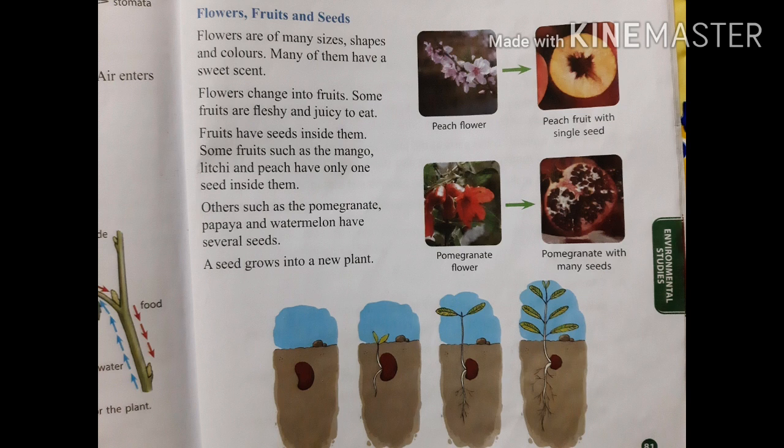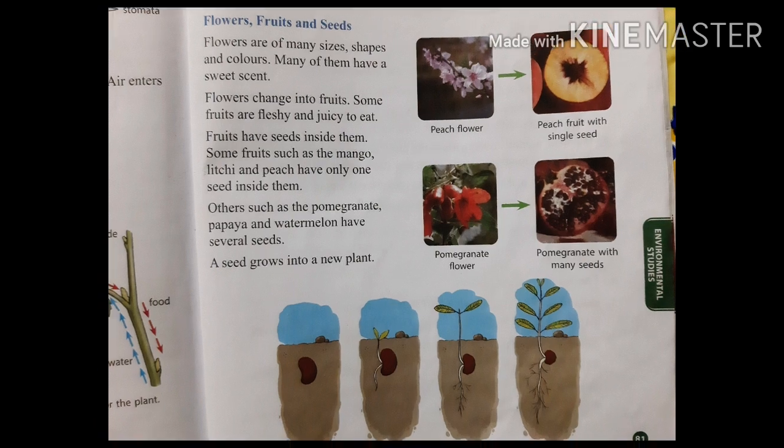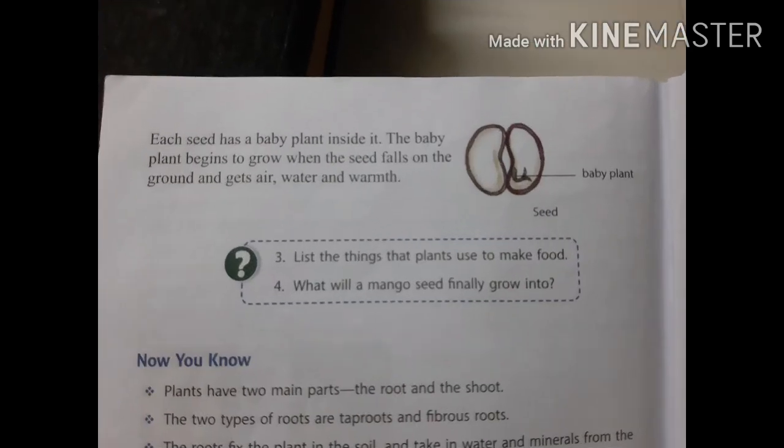Others such as the pomegranate, papaya and watermelon have several seeds. A seed grows into a new plant. Turn the page. Each seed has a baby plant inside it. The baby plant begins to grow when the seed falls on the ground and gets air, water and warmth.